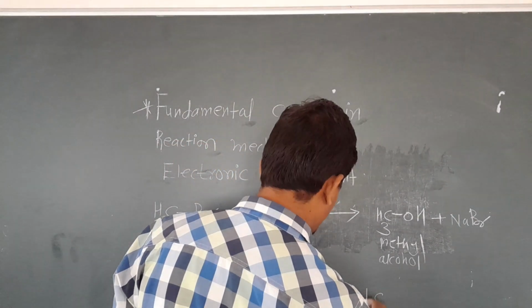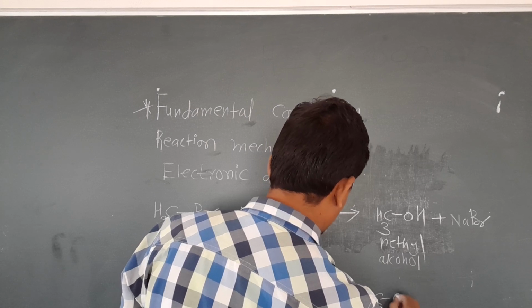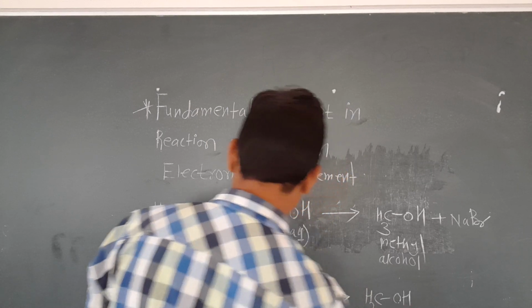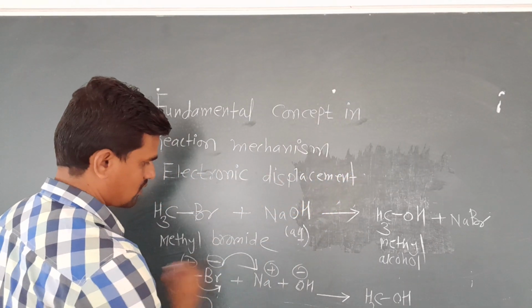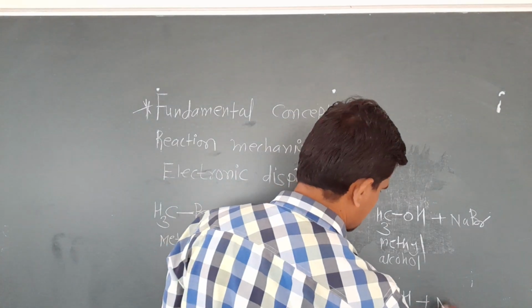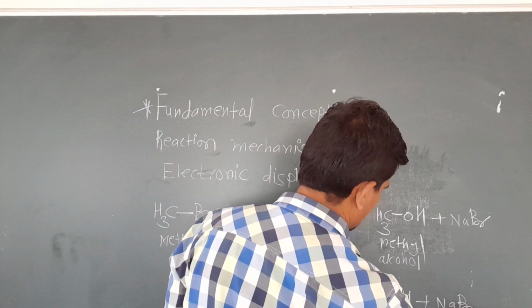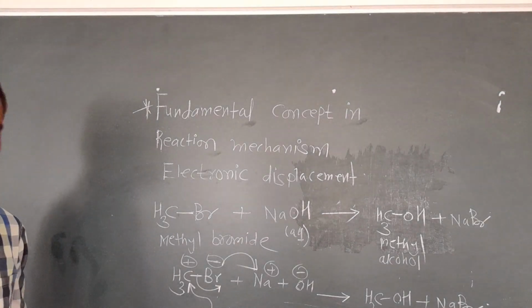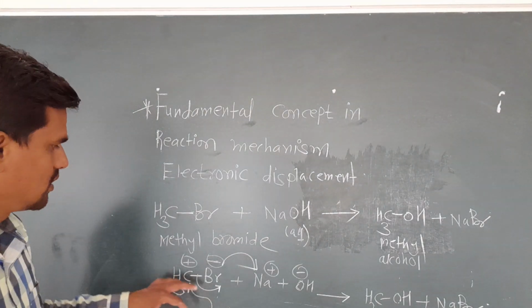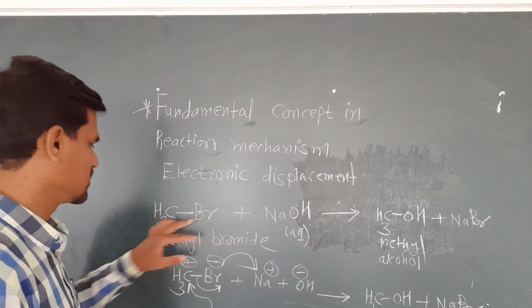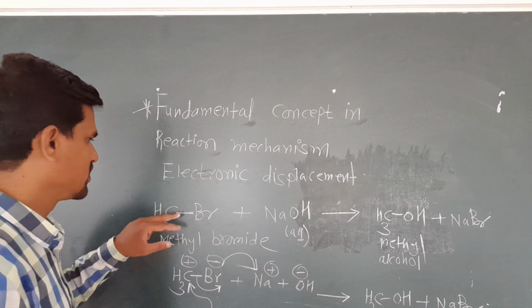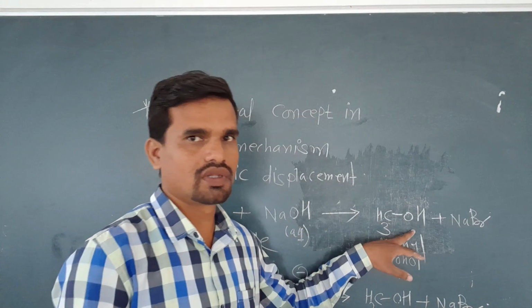So there is formation of CH3OH plus NaBr. This is the reaction mechanism of this reaction: how methyl bromide is converted into methyl alcohol.